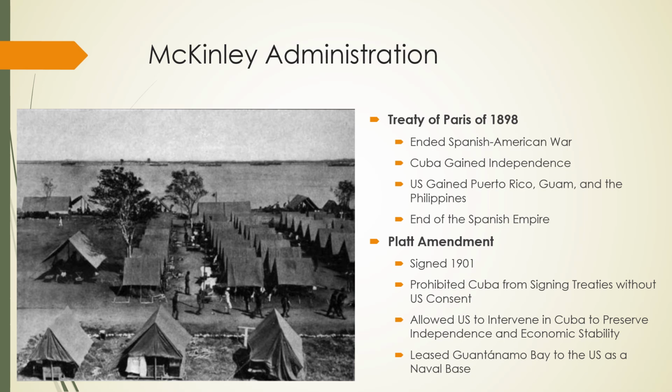All right, now, remember, the Teller Amendment said that the U.S. couldn't take Cuba. We couldn't annex Cuba. However, 1901, there is something called the Platt Amendment. And what it does is it basically restricts Cuba's sovereignty. So it essentially says that Cuba cannot sign treaties with other nations without the U.S.'s consent. It allows the U.S. to intervene in Cuba to preserve independence and economic stability, and it leases Guantanamo Bay to the U.S. as a naval base.